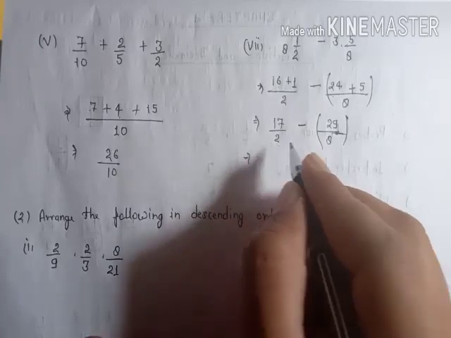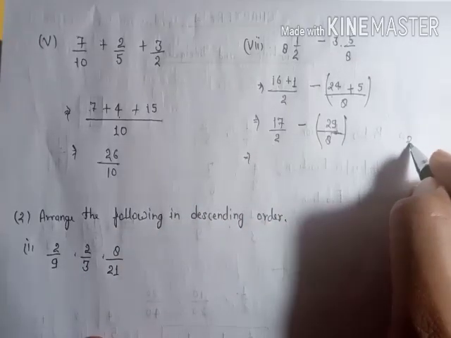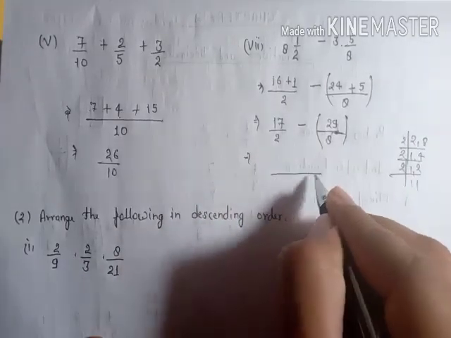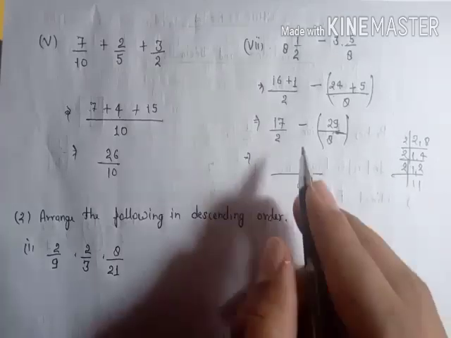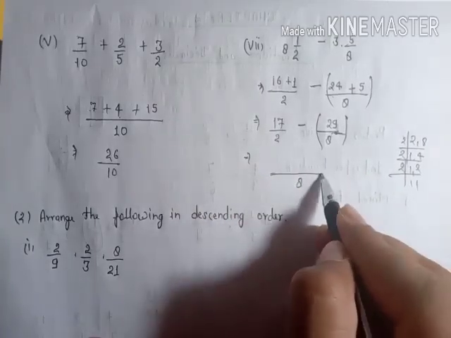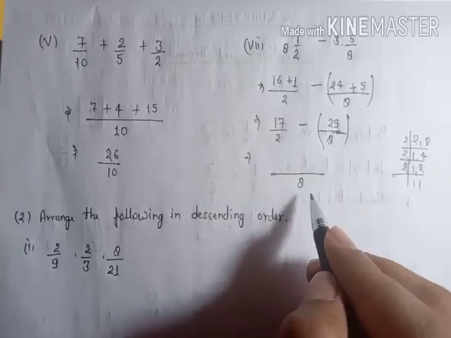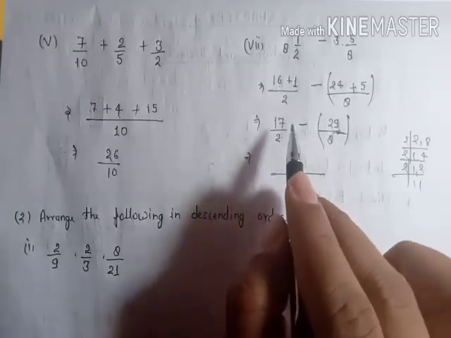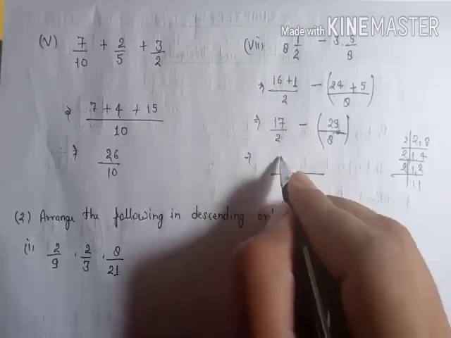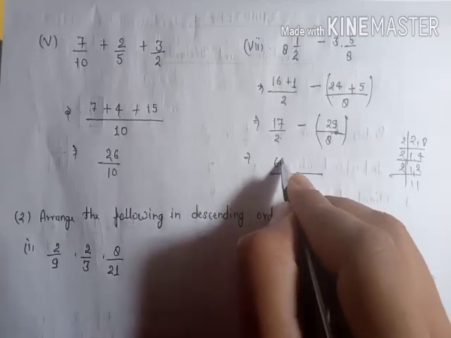Now we have to solve this fraction to get our answer. See here, the LCM of 2 and 8 is 8. Write here 8 as your LCM. Now 2 fours are 8. Now 4 multiplies with 17 and your result is 68.